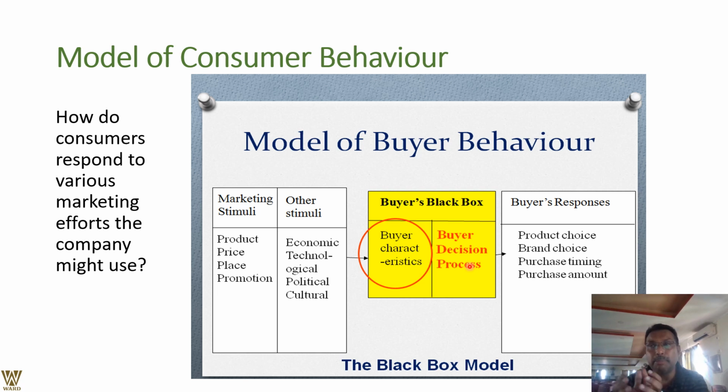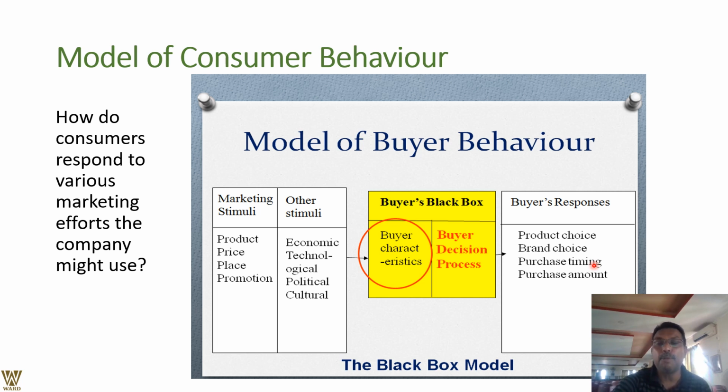Why does a customer make a decision or try to purchase a product in the first place? So yes, we talk about the buyer's response as in the personal choice, the product choice, the brand choice, the purchase timing, which is also very important, and the amount of purchase, the quantity of money that we are attracting, is what we are interested in.